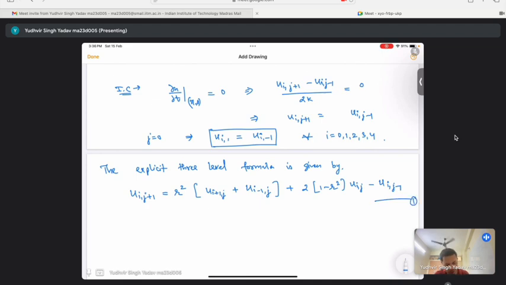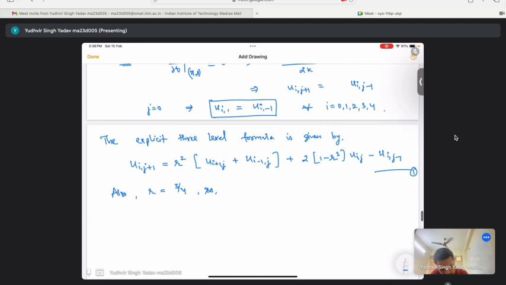So this is the actual finite difference scheme. And also we have the value of r, that is 3 by 4. So it will imply u(i,j+1) equals 9 by 16 times u(i+1,j) plus u(i-1,j), plus 7 by 8 times u(i,j), minus u(i,j-1).